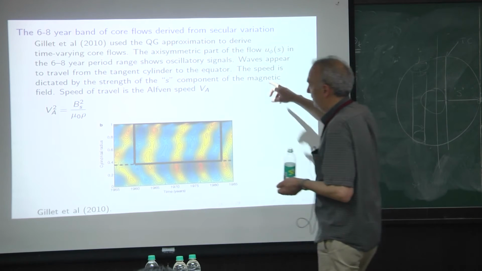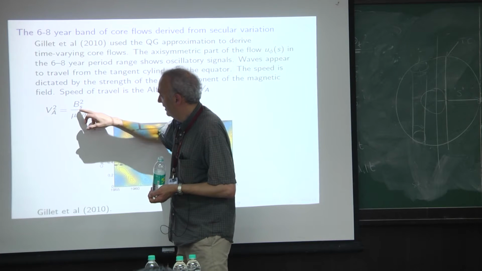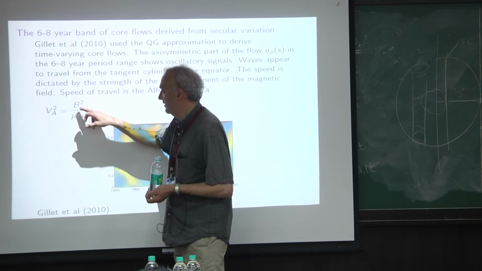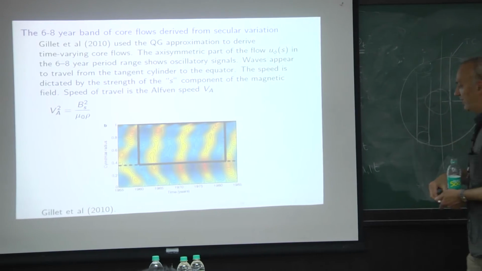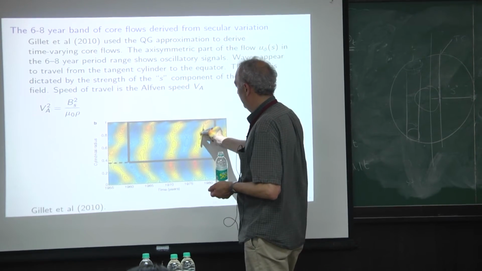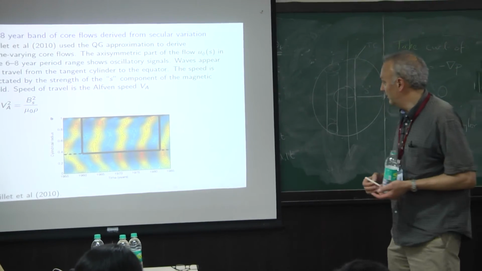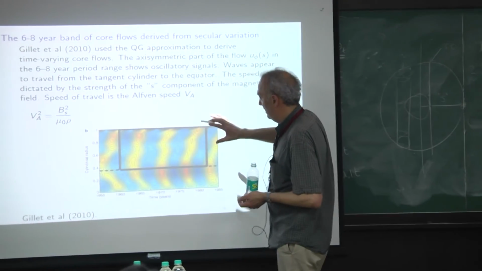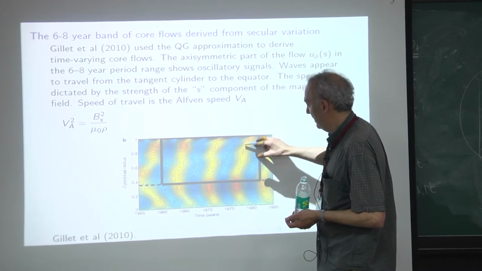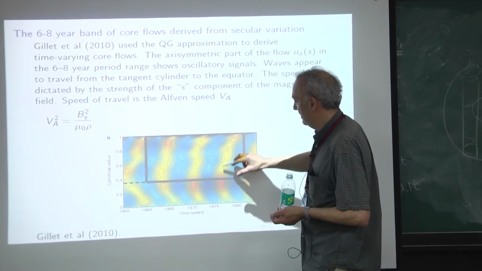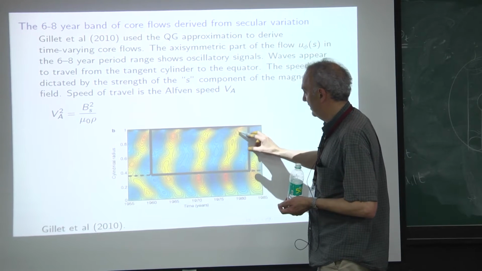So they actually travel out with an Alfvén speed, and the Alfvén speed itself is proportional to the S component of the magnetic field. So if you see these waves traveling, you can deduce how strong the magnetic field should be in the interior of the core. In their first paper, they felt that the appropriate speed was something like 2 to 3 milliteslas in the interior of the core, with a slightly lower value of magnetic field here.